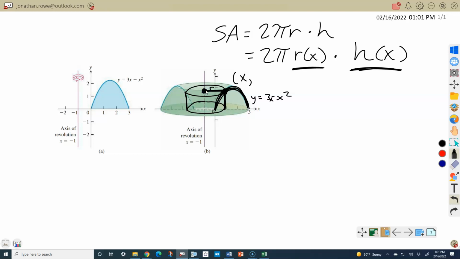It is -1. Everywhere on this line, the x-coordinate is -1. So the difference in these x-coordinates, in other words the radius, is x minus -1, which we rewrite as x plus 1. That is the radius.